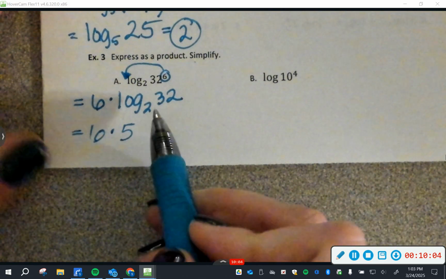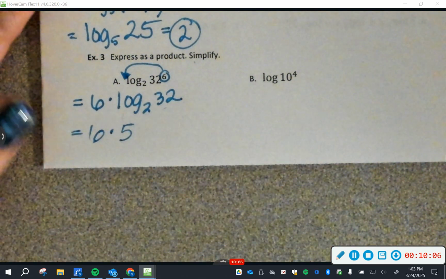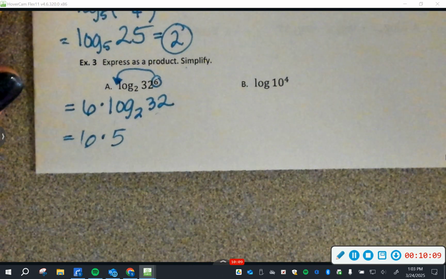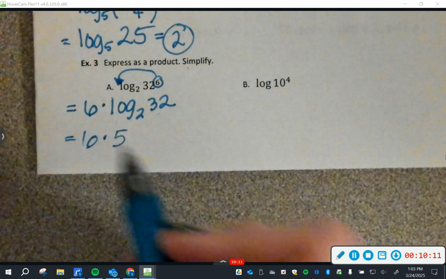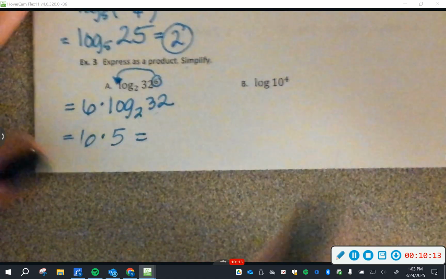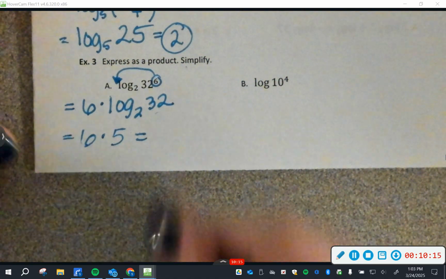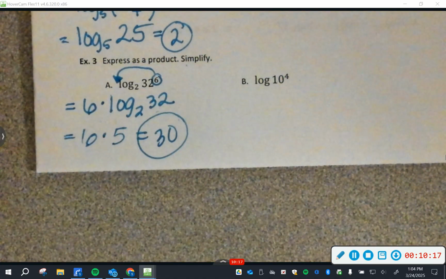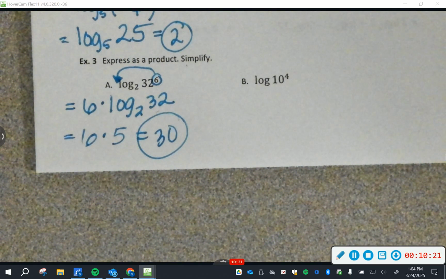Log base 2 of 32 is the number 5. And then we can do 6 times 5, right? 6 times 5 is 30. So that equals 30. Okay?